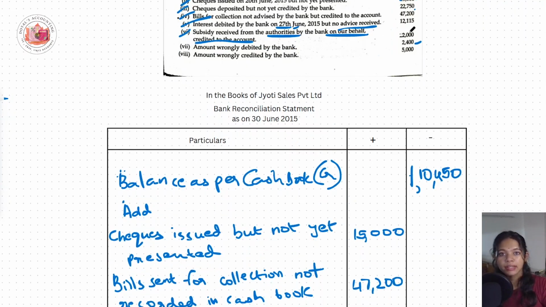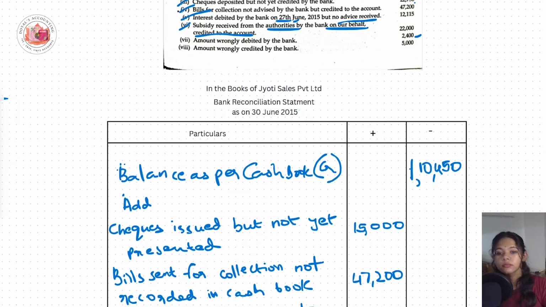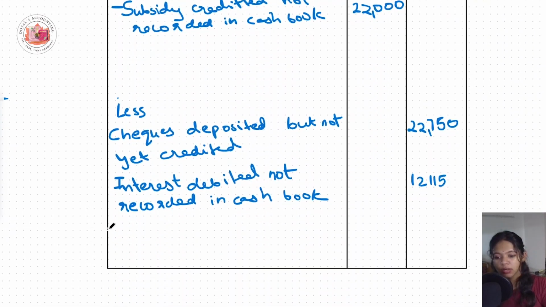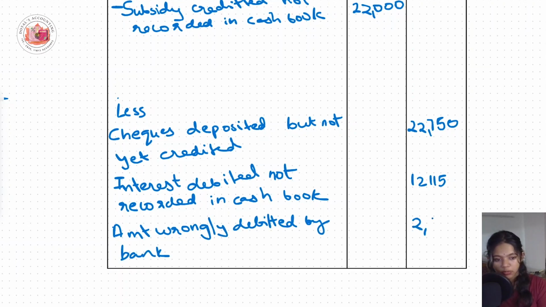So I will write this transaction in the less column. It has been wrongly done, I agree, and later on it will get rectified. But for the time being, to reconcile both my passbook balance and my cash book balance, I will have to write it in my less column. Amount wrongly debited by the bank, 2,400.